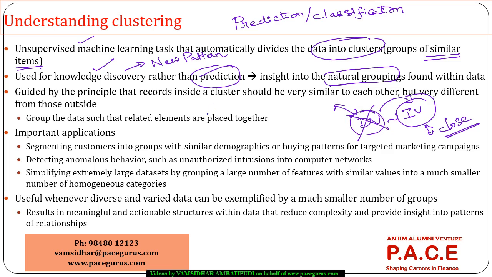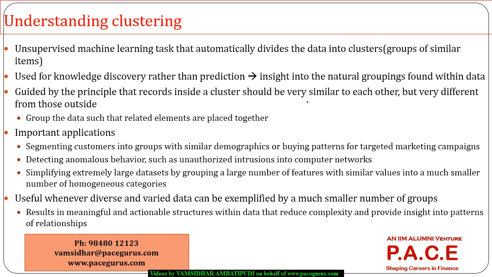And the main fundamental behind this clustering aspect is the records that are there, the examples that are there within the cluster, right? Now let's say this is the whole data. Now I'm talking about one cluster, two clusters, three clusters.